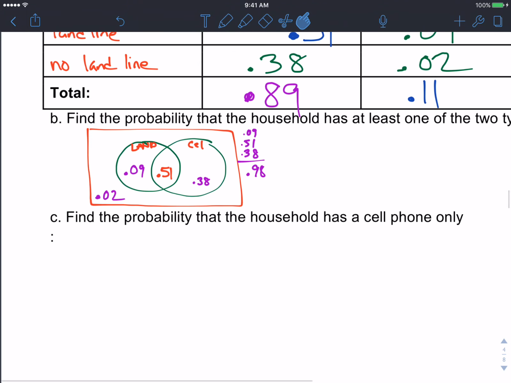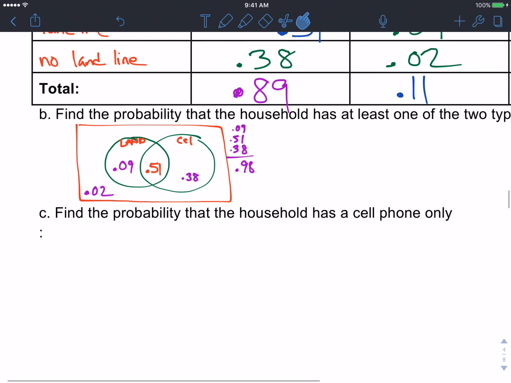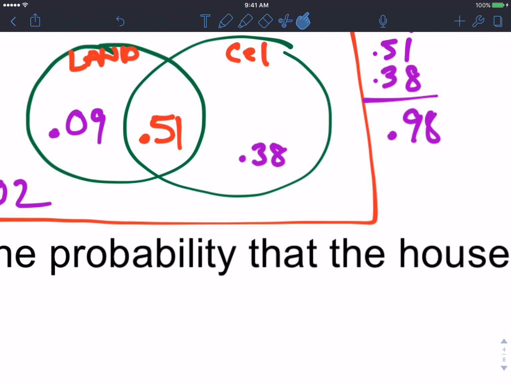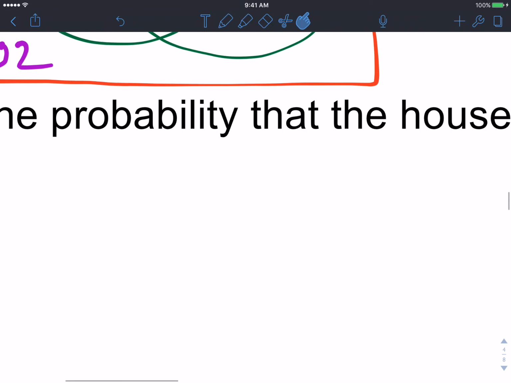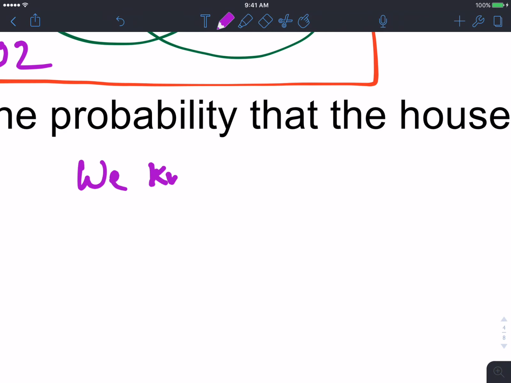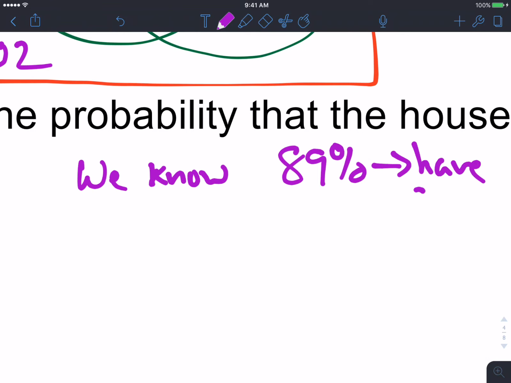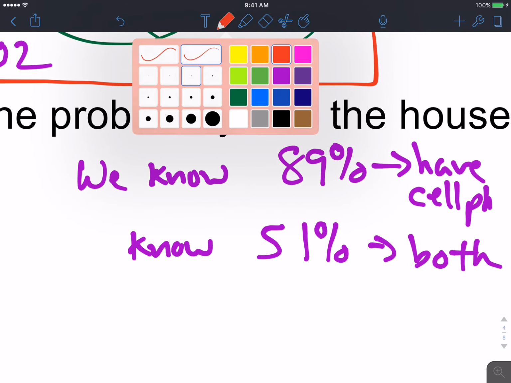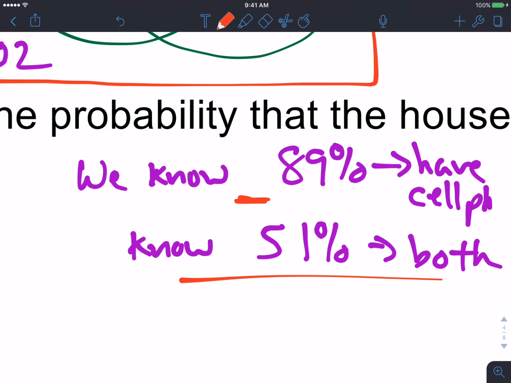Find the probability that the household has only a cell phone. Well, actually, we went ahead and did that. We know from the table that 89% have cell phones, and we also know 51% have both, so we could just subtract them.